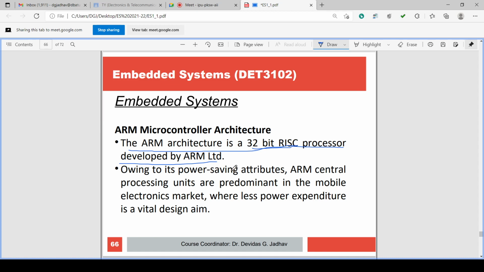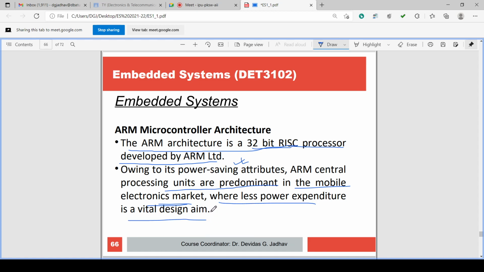Owing to its power saving attribute, ARM central processing units are predominant in the mobile electronics market, used in mobile handsets as mobile phone embedded systems, where less power expenditure is the vital design aim.